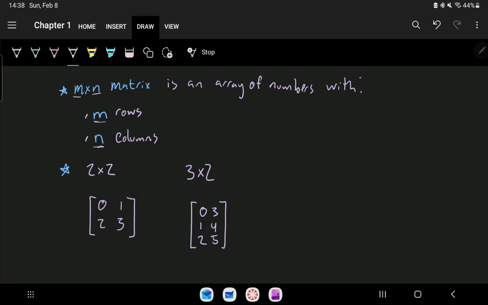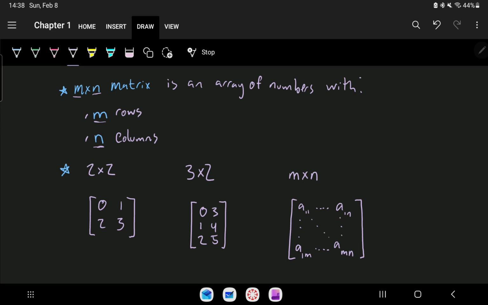And this can get arbitrarily large, so an m by n matrix is essentially going to be a1,1 all the way to a1,n, and then you can go all the way down to a m,1, and you will notice this sort of notation.